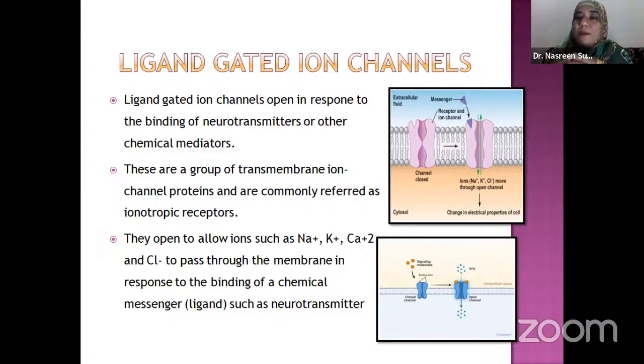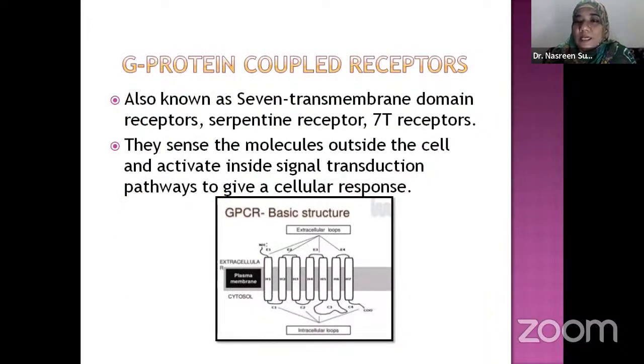Whenever they bind, immediately the channels will open and they will facilitate the movement of ions either inside or outside, depending upon the concentration gradient of a cell. Okay, next. Now G protein coupled receptors, it is very important. They are also called 7 transmembrane receptors. Why?